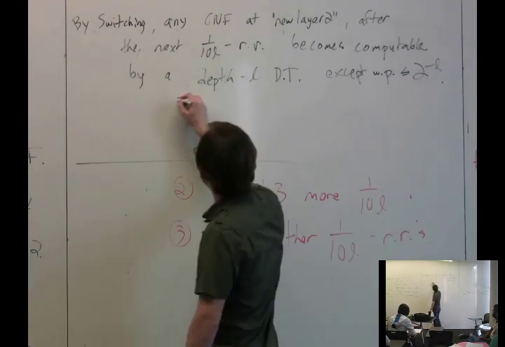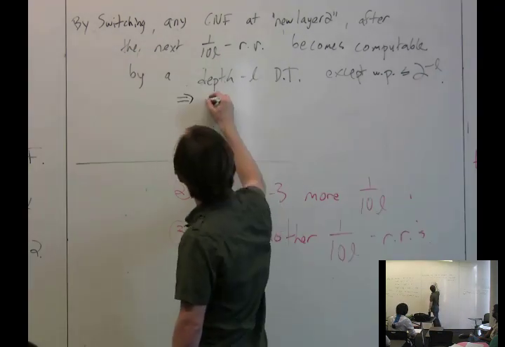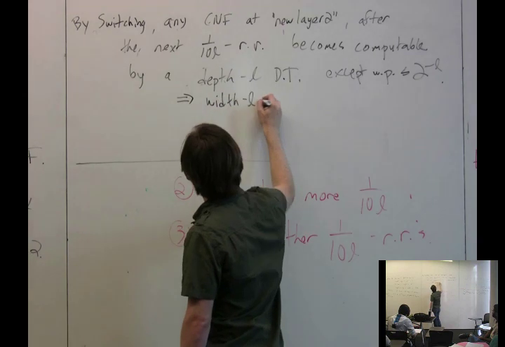In particular, now I can take this to be a width L DNF.